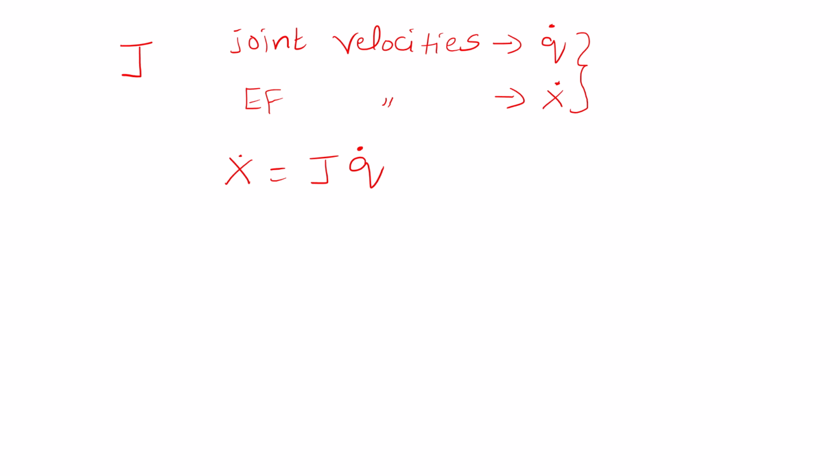So x dot is equal to x dot, y dot, z dot, where x, y, z represent the linear velocity components, and alpha dot, beta dot, gamma dot represent the angular velocity components, right?